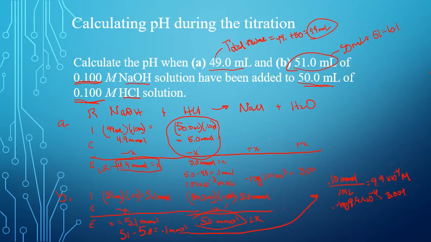But instead of that being the pH, that is now my pOH. So 14 minus the 3.00 would give me a pH in the solution equal to 11. So notice, just by adding 2 milliliters of the titrant, I went from a pH of approximately 3 to now being 11.